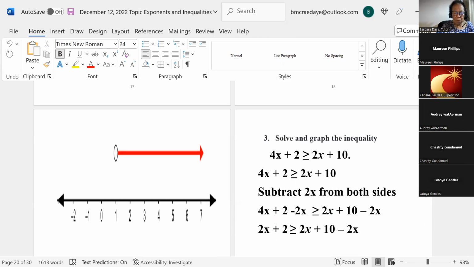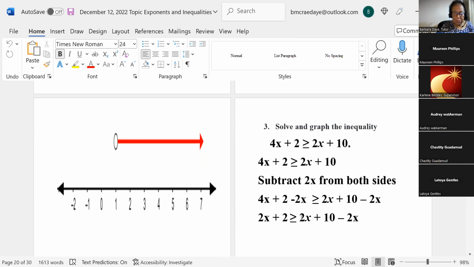That's the right side. 2x plus 10 minus 2x. What is that equal to? 10x. 2x plus 10 minus 2x.